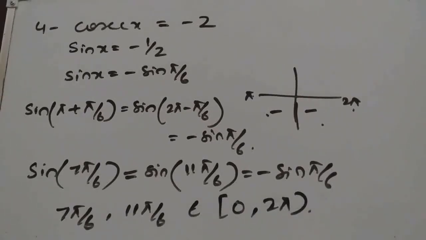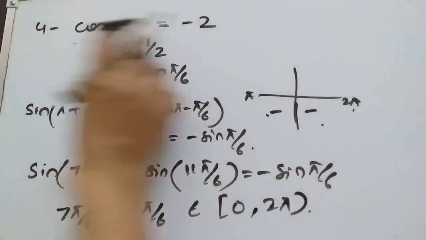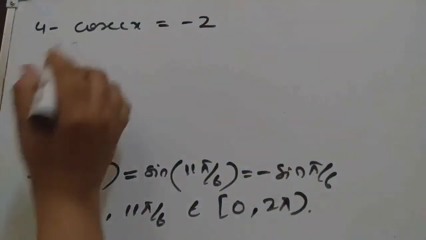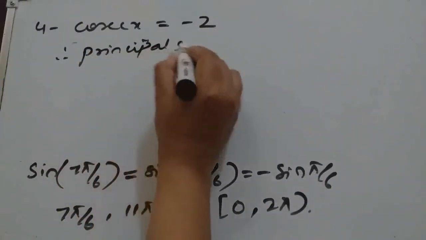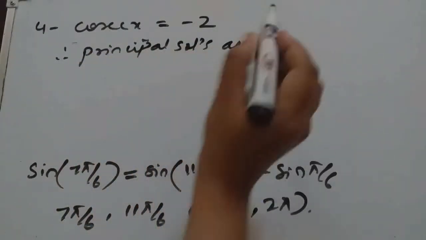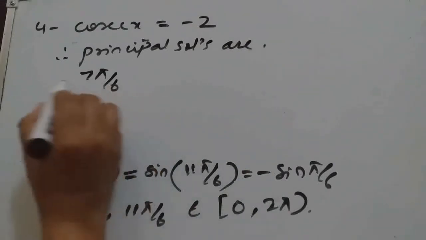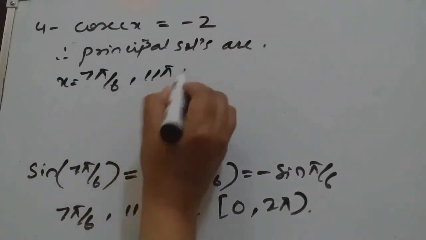That means principal solutions are 7 pi by 6 and 11 pi by 6.